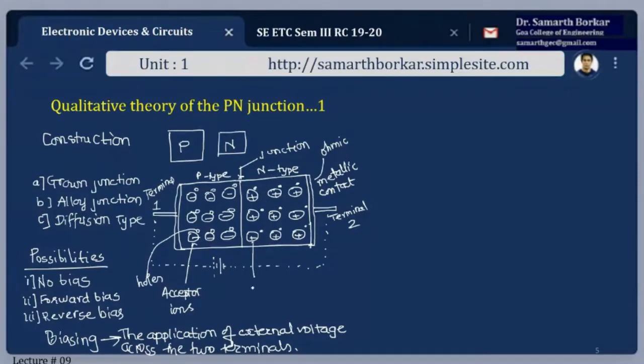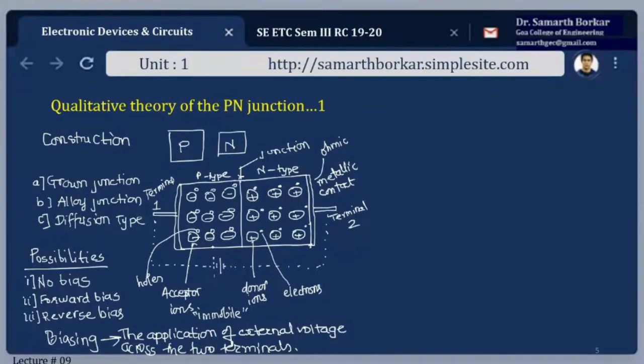This legend is for donor ions, and here what you see as dots are electrons. Basically these are immobile ions. What do we mean by ions here? These are immobile, meaning they cannot move.